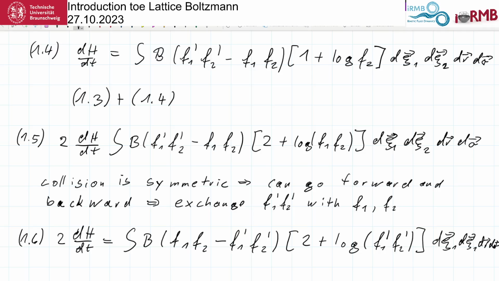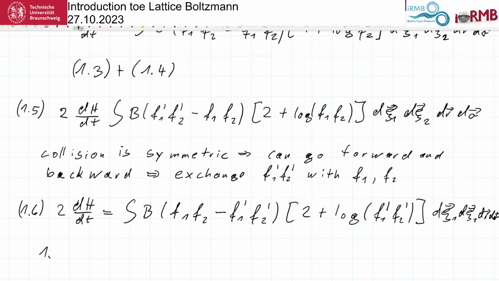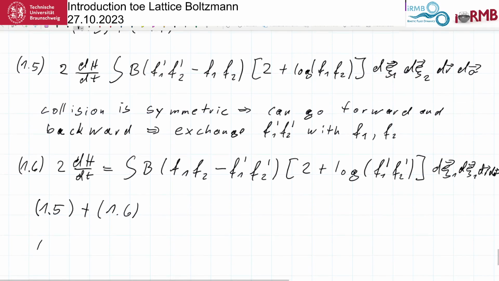So now what we do is we add forward and backward together, and now we have 4 times the derivative. 4 times the derivative is again the integral b. Now you see that there was a change in sign, but I will write this now.